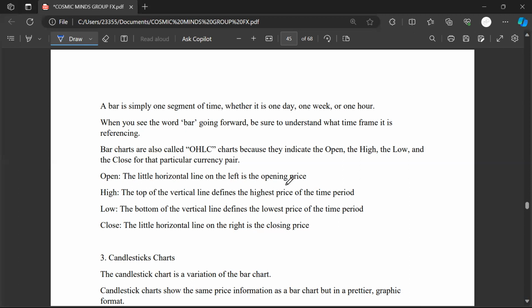The little horizontal line on the left is the opening. We have already looked at that. The high is the top, the low is the bottom, and the close is the other small protruding line on the right. That is the close. I think that is fair.